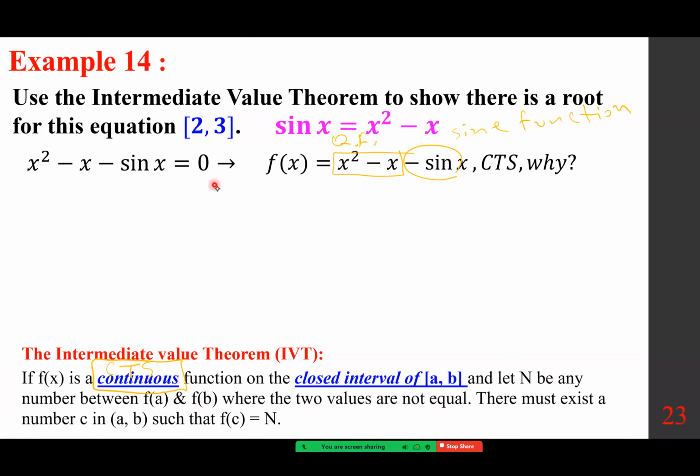So if this function can be negative somewhere in this interval, positive somewhere in between, then it must go through the x-axis. There must be an x-intercept. There must be a root.